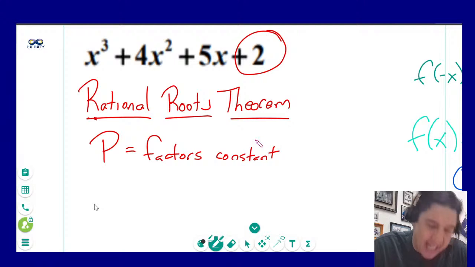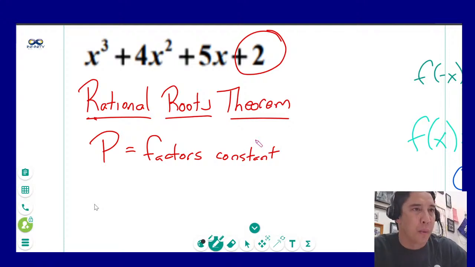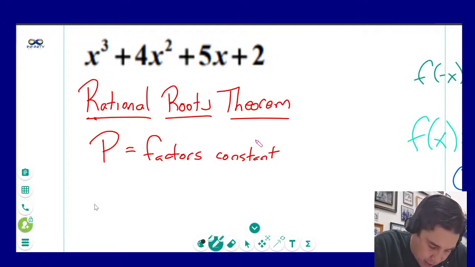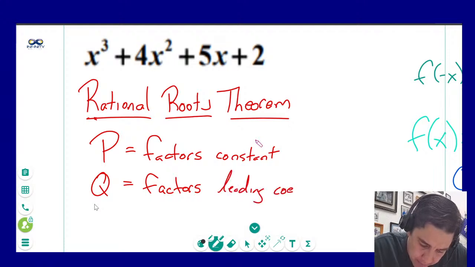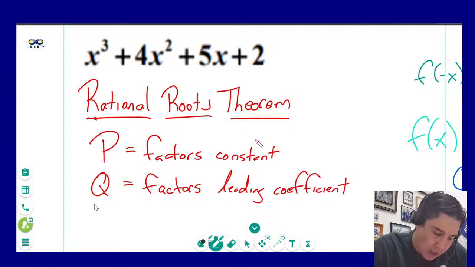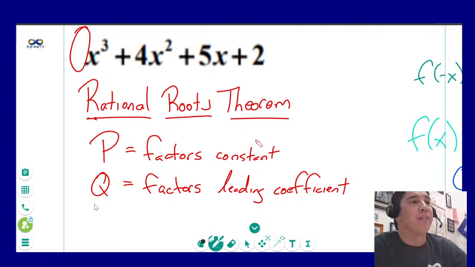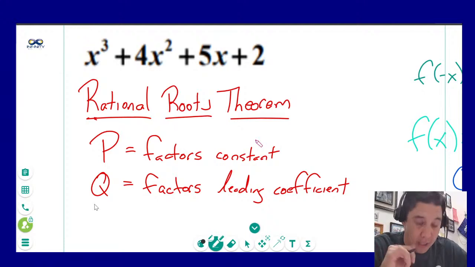So in this case, it would be all the factors of 2. Let Q equal all of the factors of the leading coefficient. Again, that's going to be the coefficient in front of the variable with the highest exponent. In this case, it would be 1. There's an imaginary 1 there if you don't see a number.